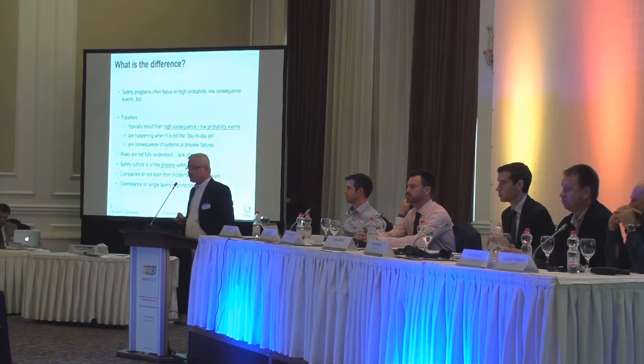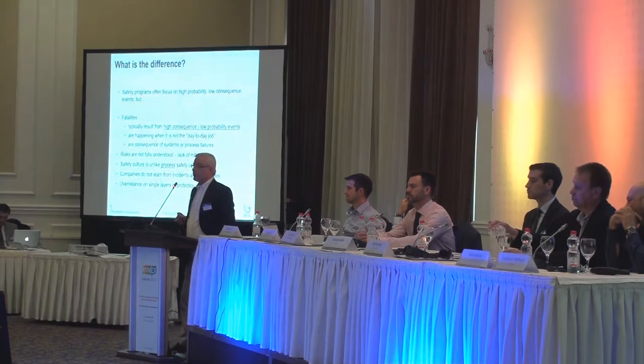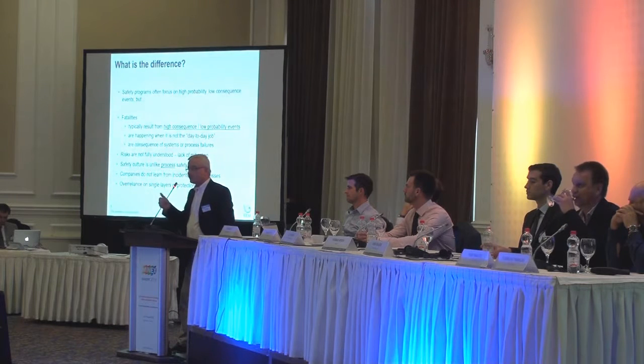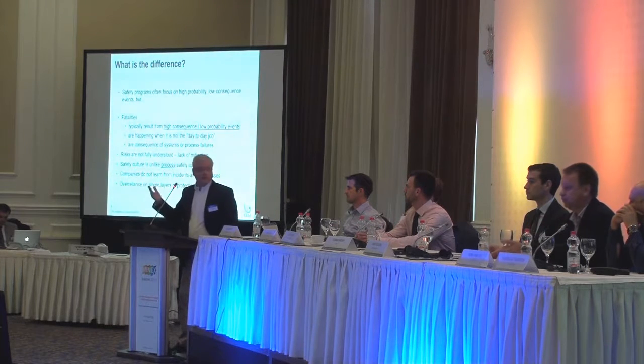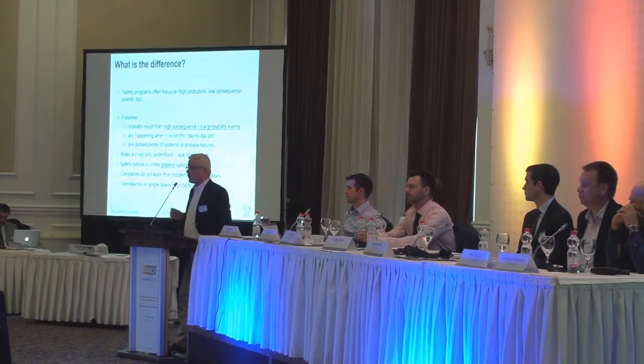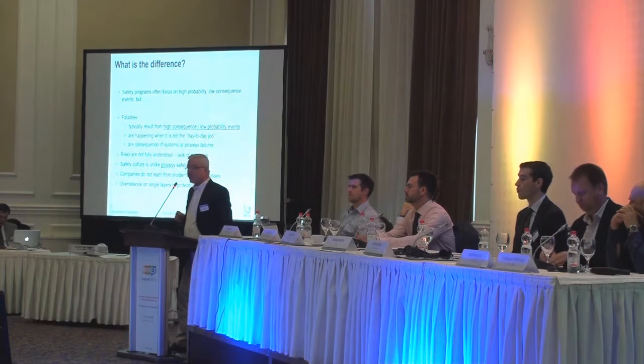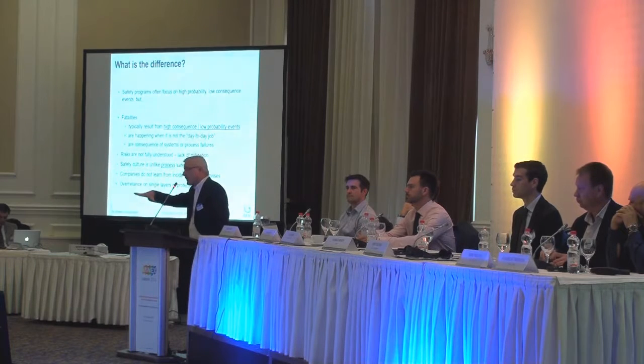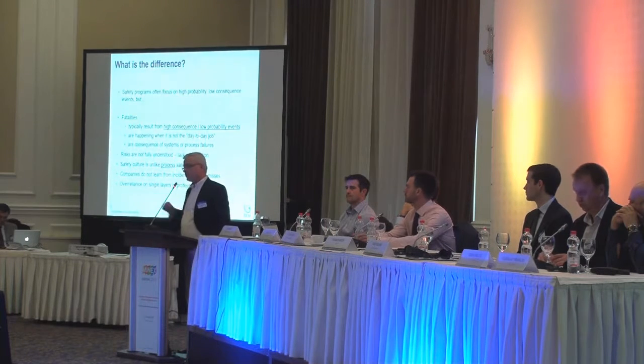Safety programs often focus on high probability, low consequence events. Slips, trips, and falls, and cuts, and things like that. And we are able to reduce those things. But fatalities do not necessarily appear in that kind of standard environment where people are in routine.